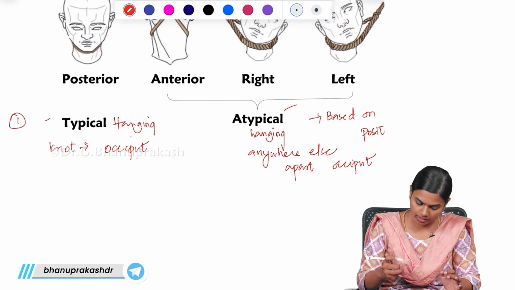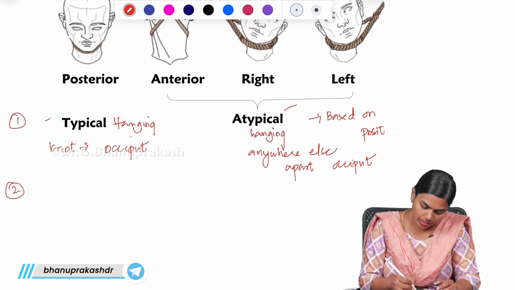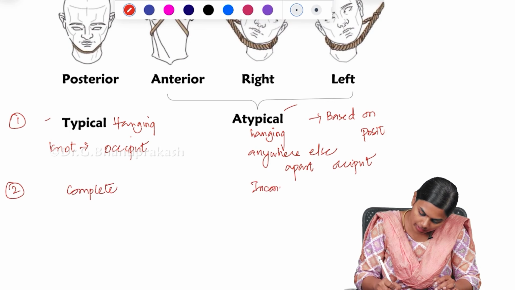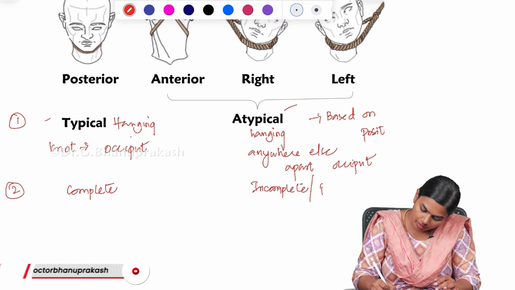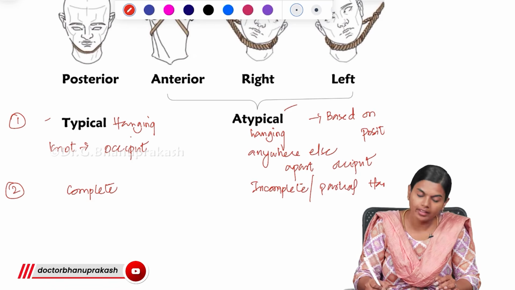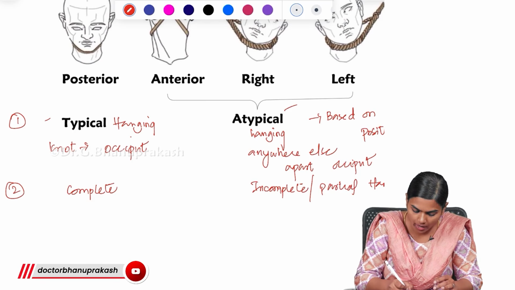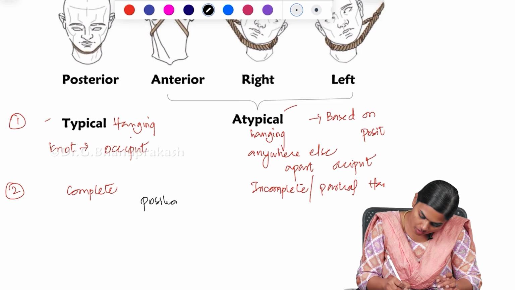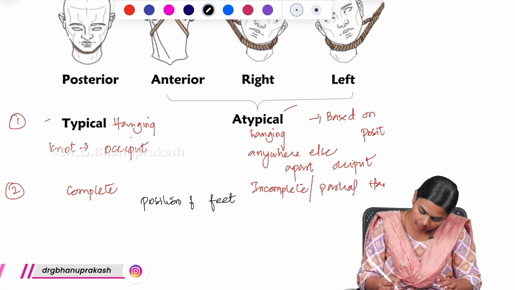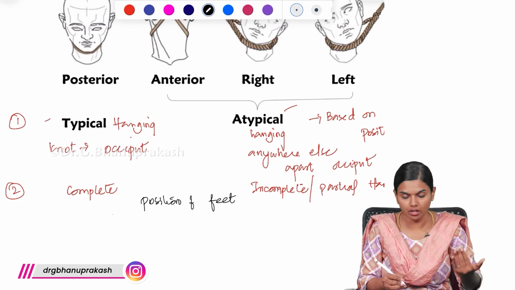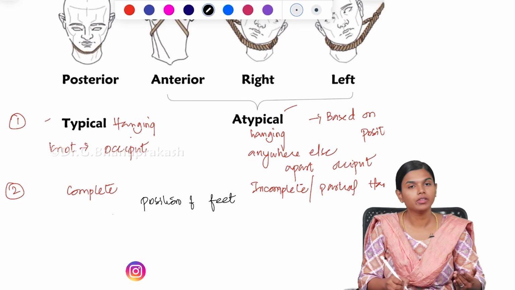Up next, what we have is another type of hanging, that is complete and incomplete or partial hanging. Complete hanging and incomplete hanging. This is based on the position of the feet. If the feet are not touching the ground, that is, above the ground, then we call it a complete hanging.